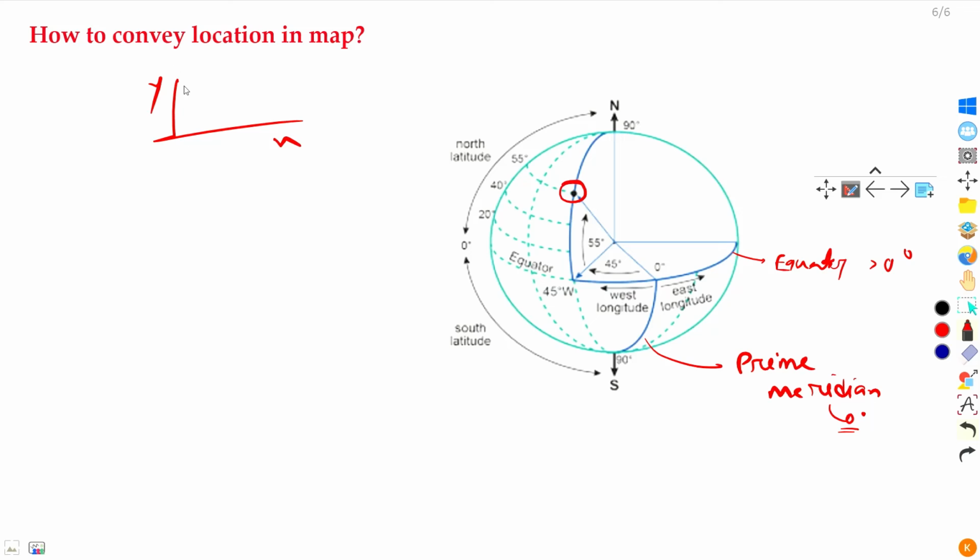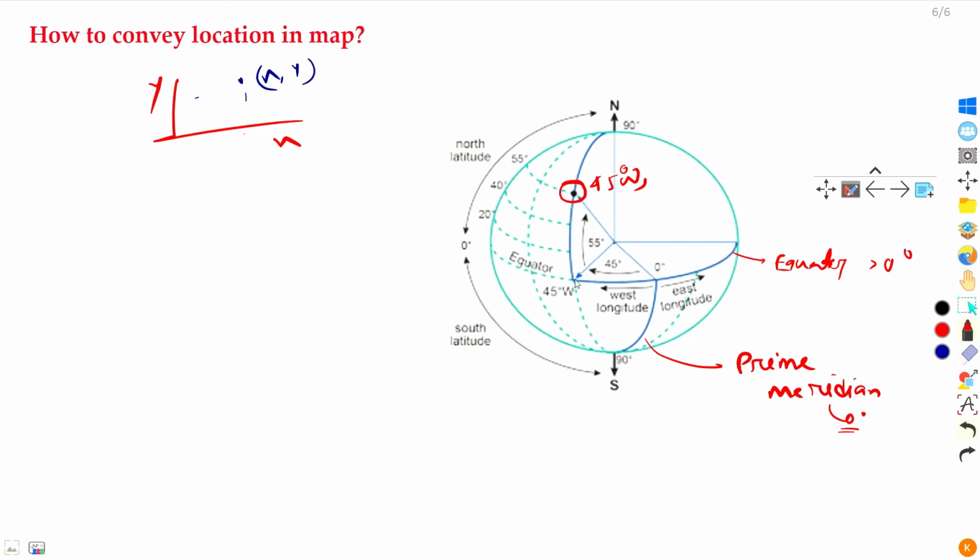Suppose this is the x axis and this is the y axis, and there is a point. For this point, the coordinate value is x comma y, right? So for this point, if this is the equator and this is the prime meridian, we have to check how much it goes towards latitude and towards longitude. For that, it comes towards longitude 45 degree west. This is 0. It comes towards the west side, so the value is 45 degree west, right?